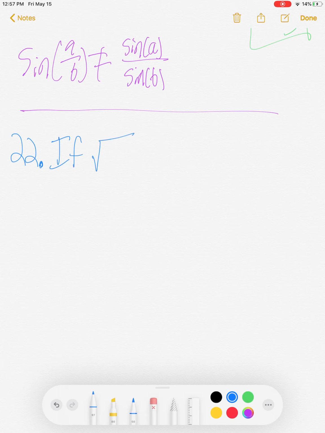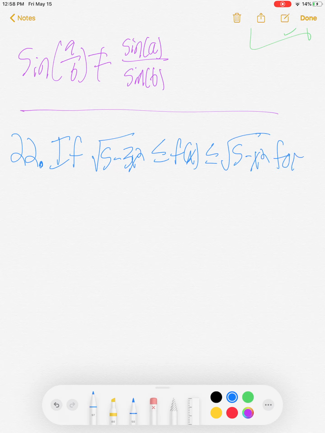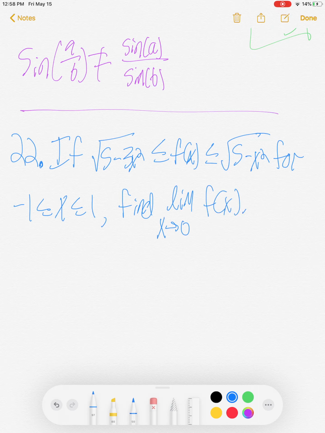22 says if root 5 minus 3x squared is less than or equal to f of x, and that in turn is less than or equal to root 5 minus x squared, for all x between -1 and 1, we want to find the limit as x approaches 0 of f of x.